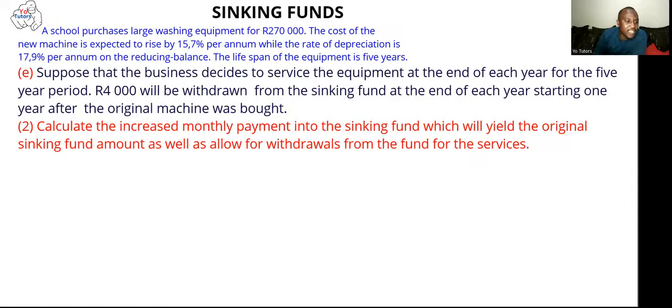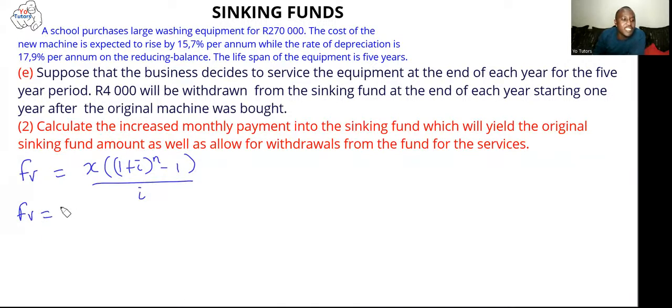Future value. So future value says what? Future value is equal to x times (1 plus i)^n minus 1 over i. So the future value that we want here is equal to the sinking fund plus the total service amount.